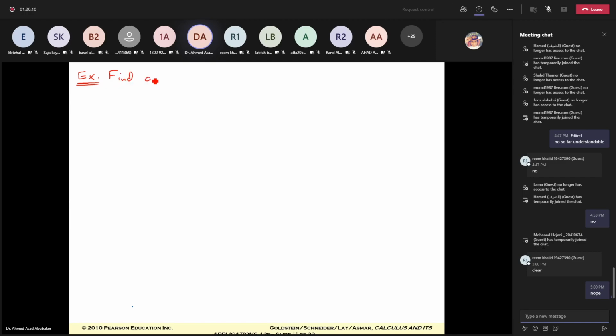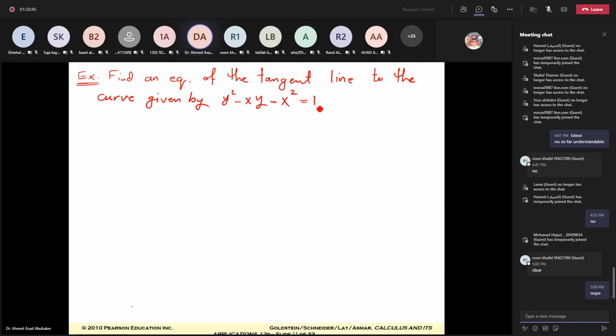Find an equation of the tangent line to the curve given by y² minus xy minus x² equals 1 at (1, 2).